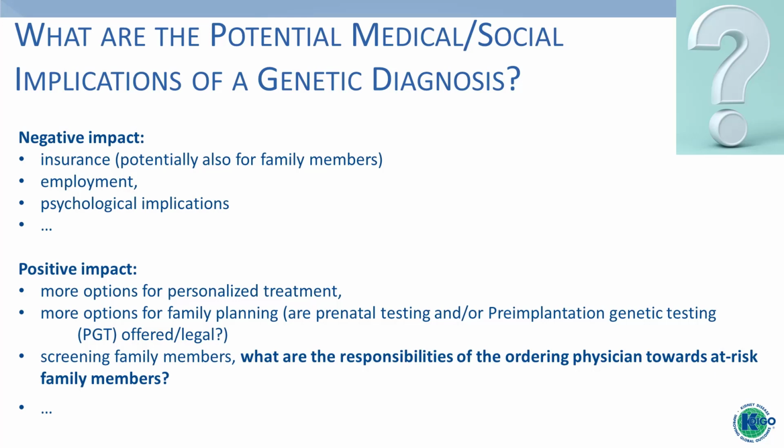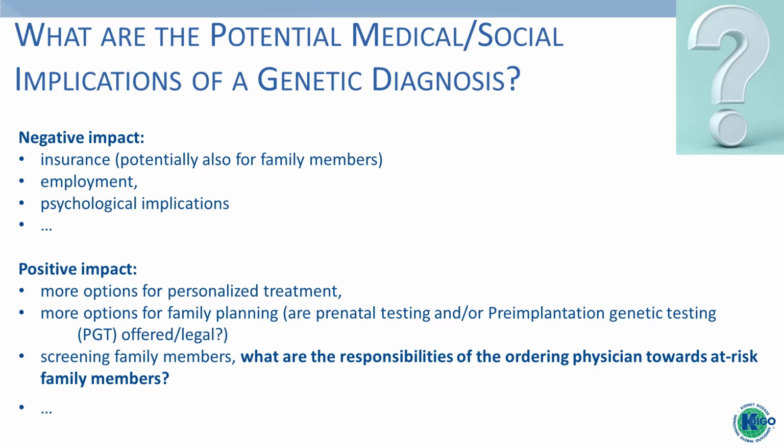The history itself doesn't change. The same family members were ill and maybe died at a younger age, but knowing it's all because of the same disease really can cause psychological impact in families, and also different family members coping with that differently.